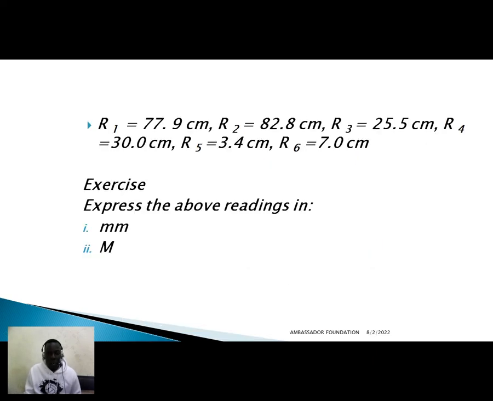Yes, so then the answers are just here. You will confirm whether you've gotten it correctly. When I was giving out these values, I considered the accuracy, so it's well. Then after getting it, because you will get it in centimeters, convert them into millimeters and into meters. Yes, that is it.